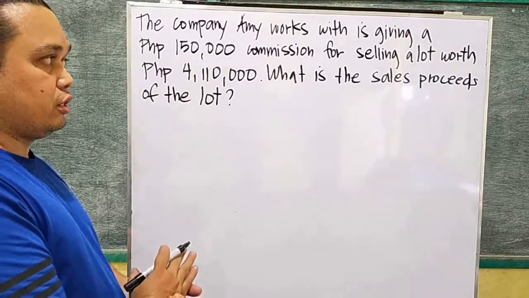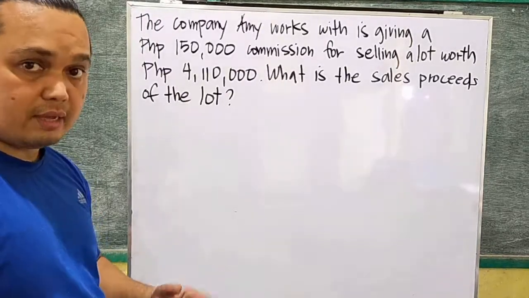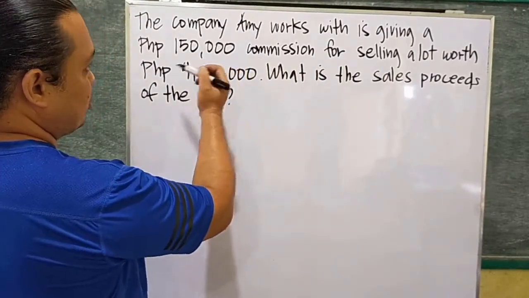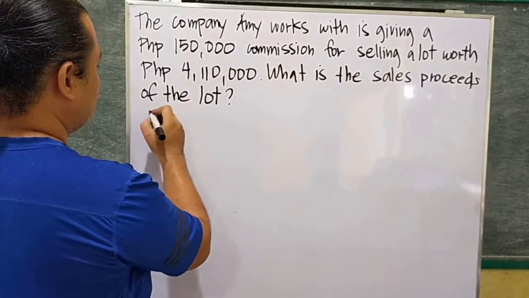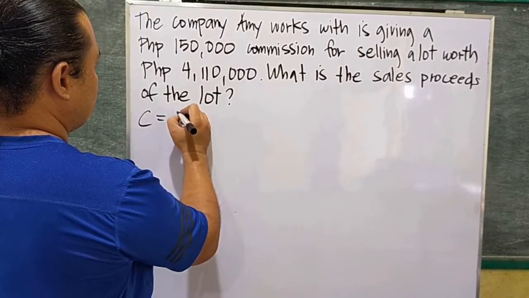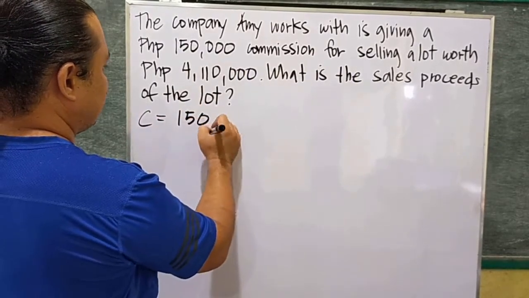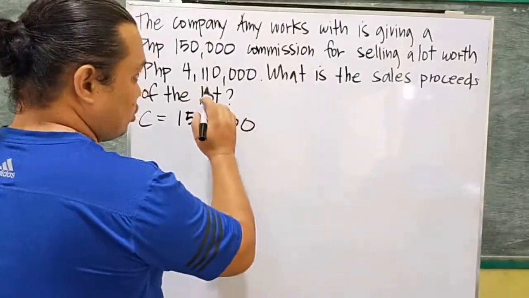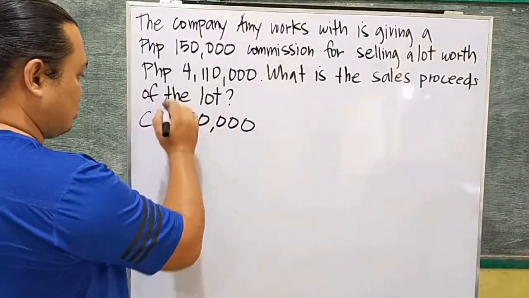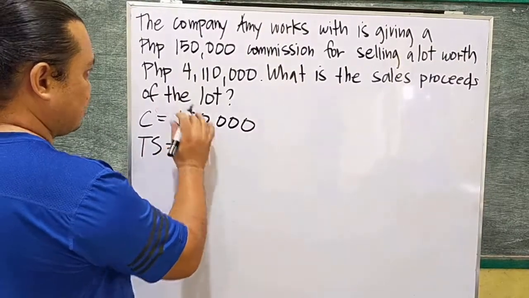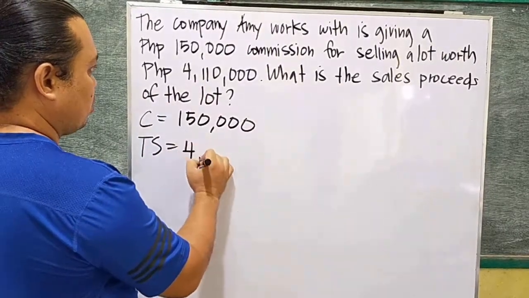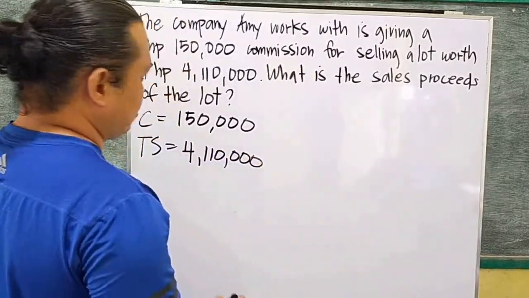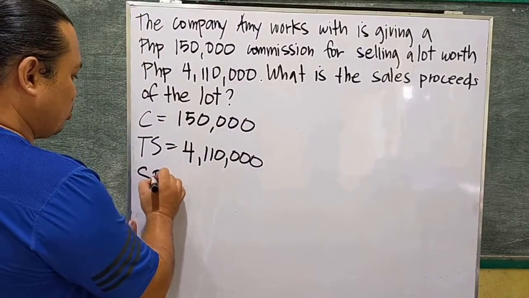Now to answer this problem, let's first write the given. Okay, so the given here is the commission, 150,000 Philippine pesos, and the total sales, that's TS, 4,110,000. Now the question is, what is the sales proceeds?